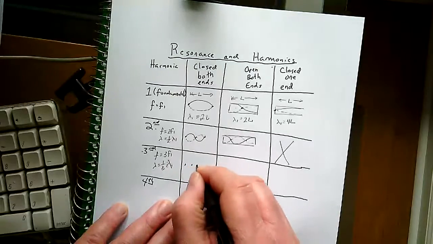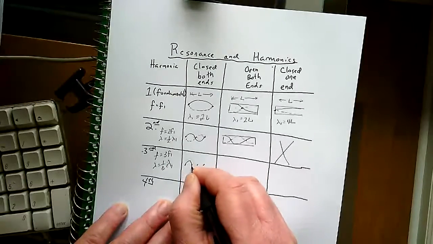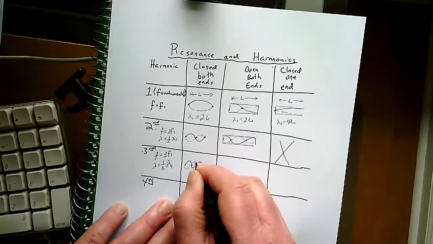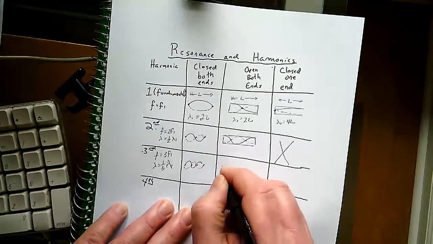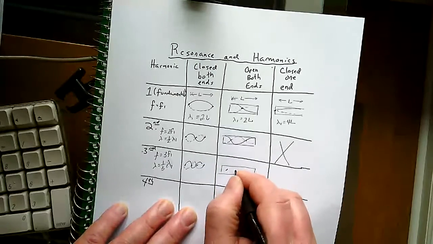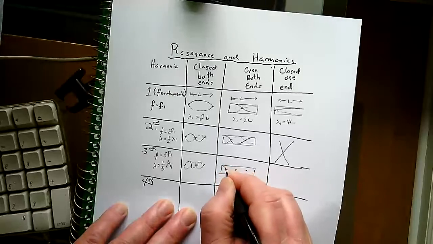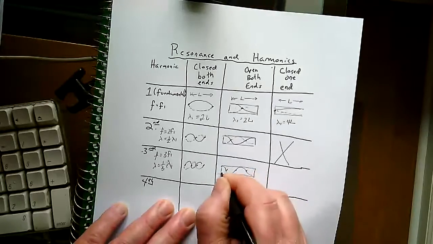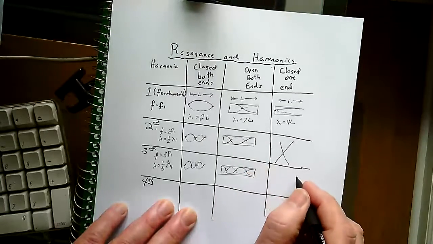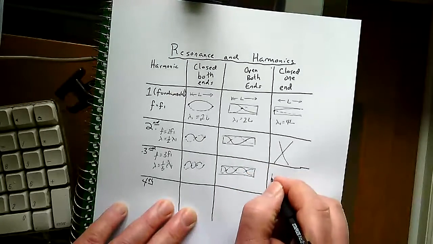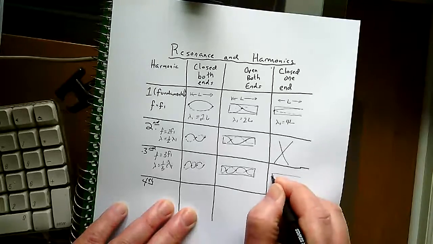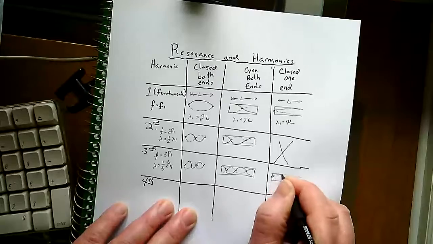And this one is going to look like this. And this one's going to have 3 nodes and look like this. And for this one, the third does exist. And it's going to look like so.